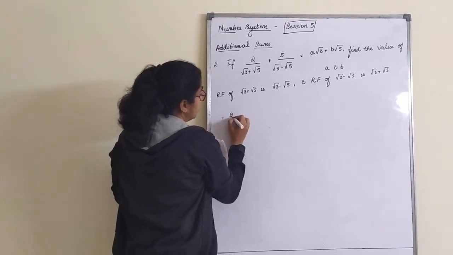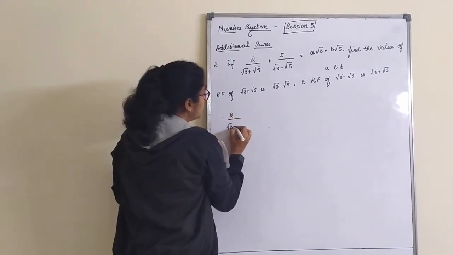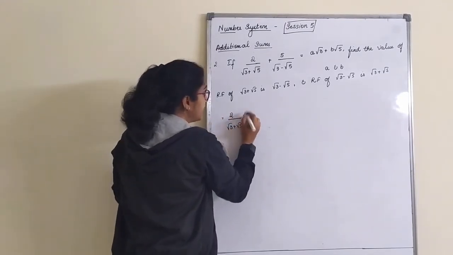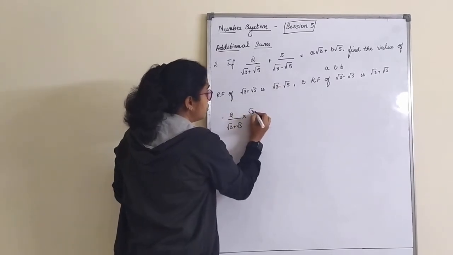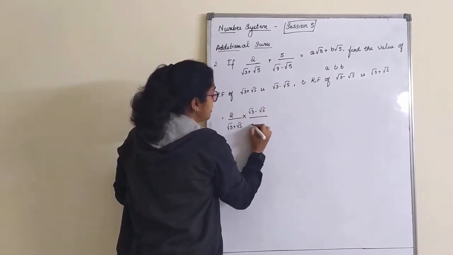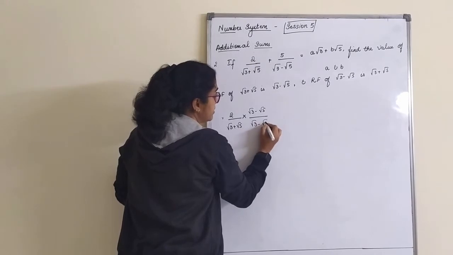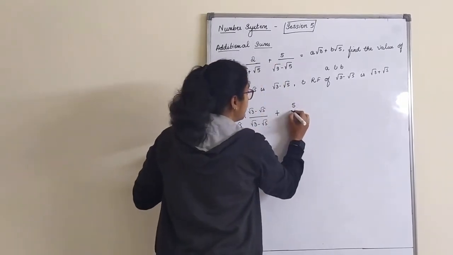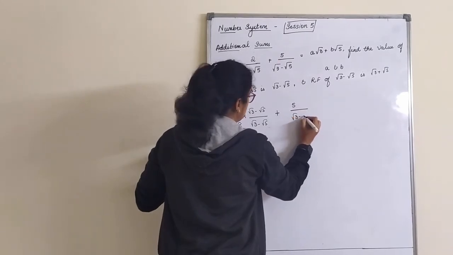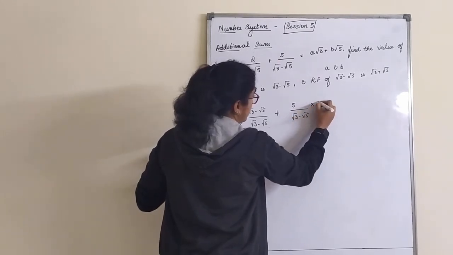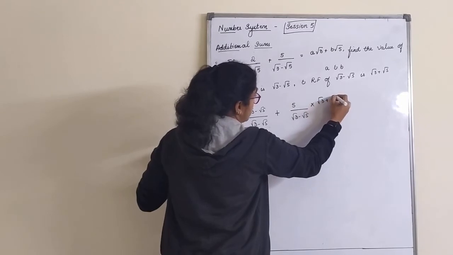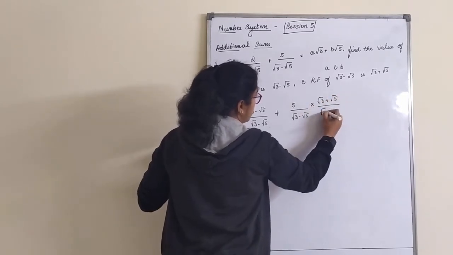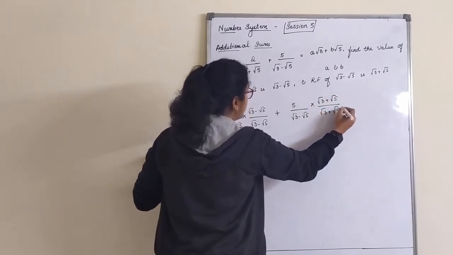Equal to 2 upon root 3 plus root 5 into RF, which is root 3 minus root 5, divided by root 3 minus root 5, plus the sign which is here, 5 upon root 3 minus root 5 into root 3 plus root 5 divided by root 3 plus root 5.